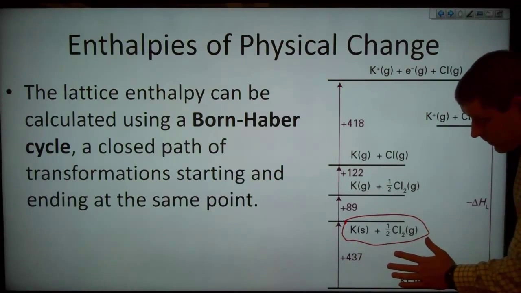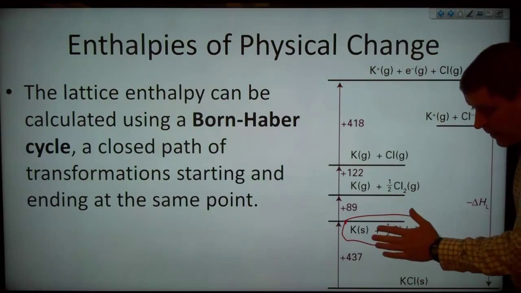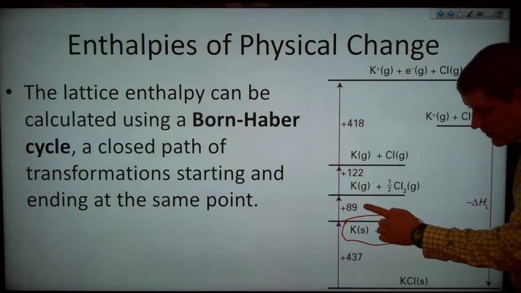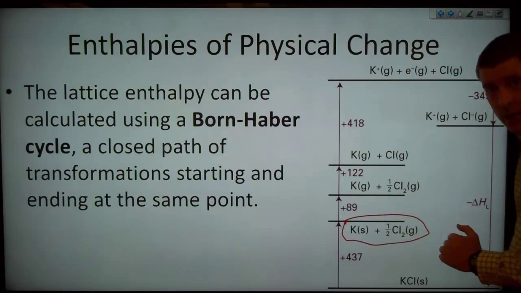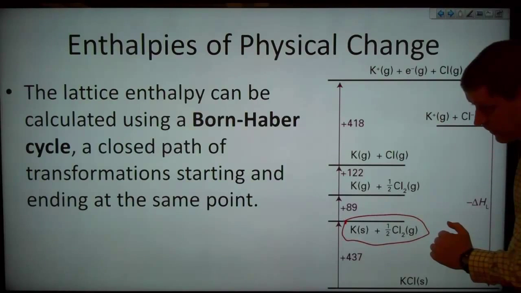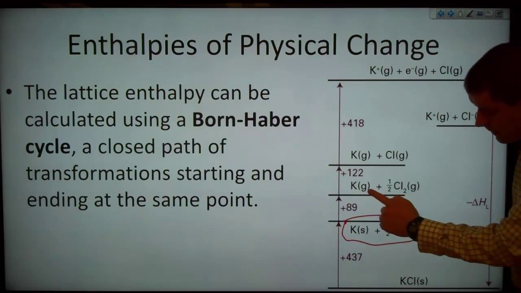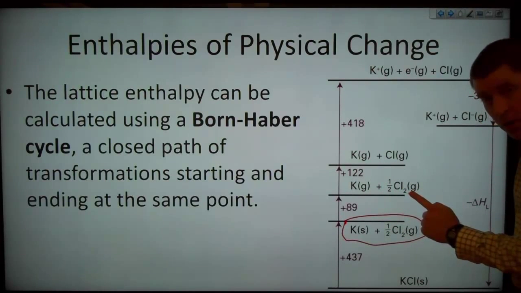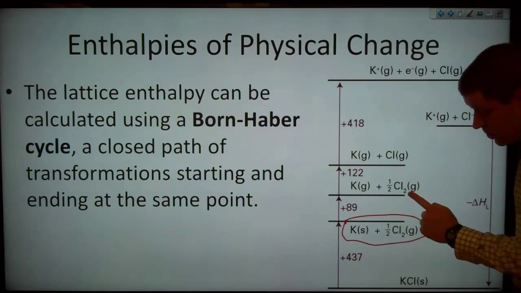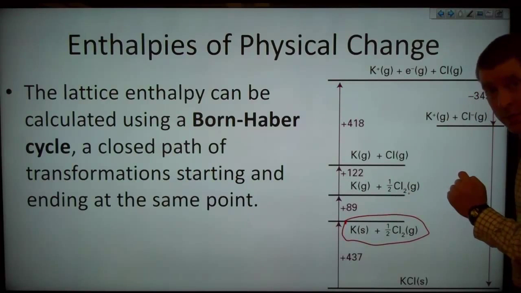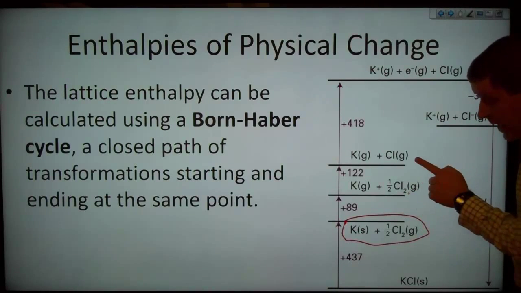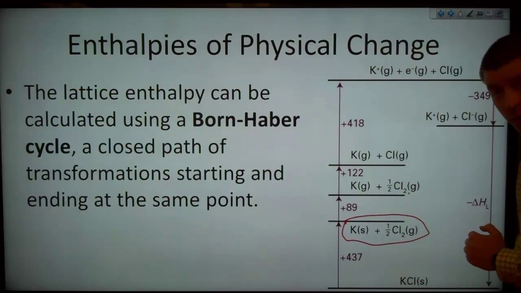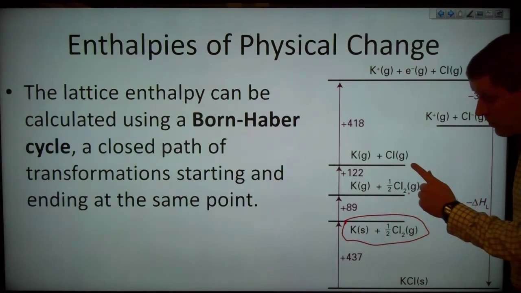If we then sublime the potassium solid to the gas phase, it's going to take 89 kilojoules per mole. And then from there, we dissociate the chlorine gas. So we go from Cl2 to Cl atoms, so chlorine molecules to chlorine atoms. It's going to cost 122 kilojoules to break that covalent bond.